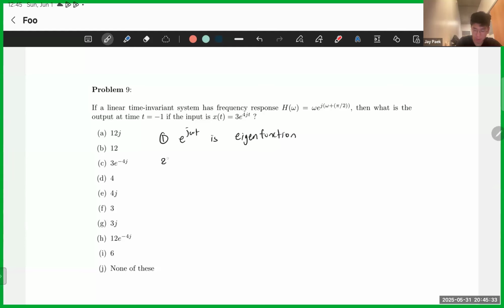Or your second way of interpreting it is just to do brute force Fourier transforms. Both methods work. One method is significantly easier than the other.